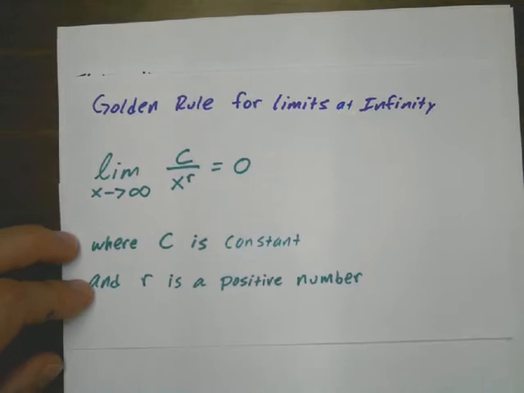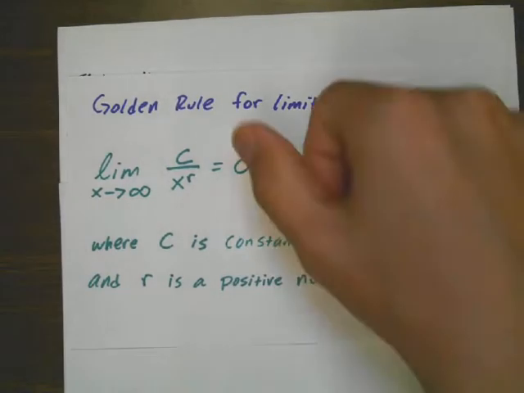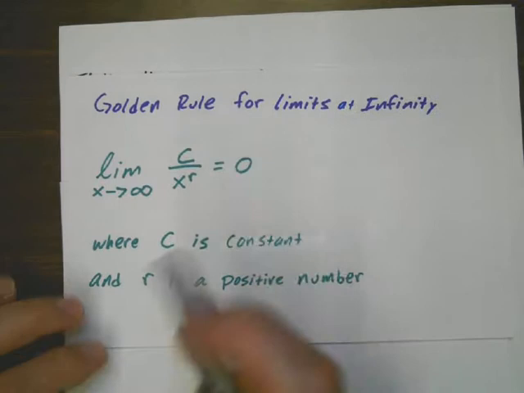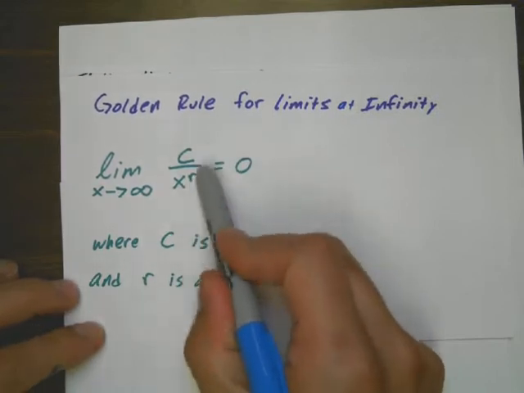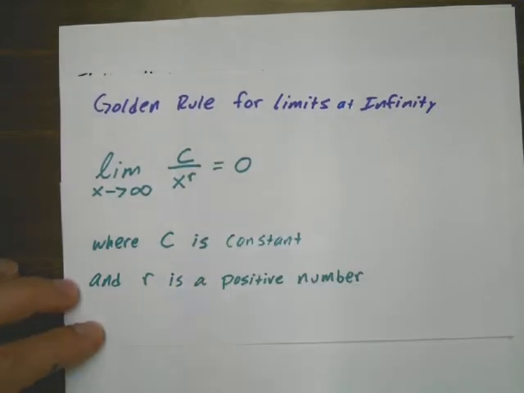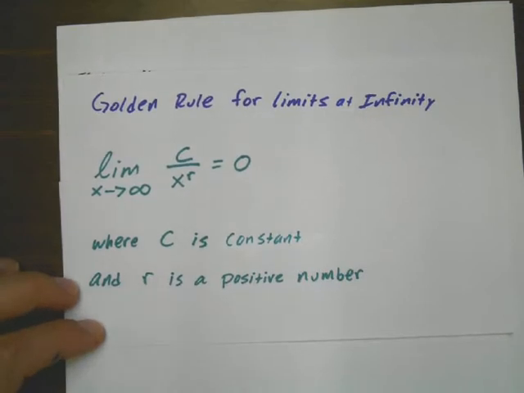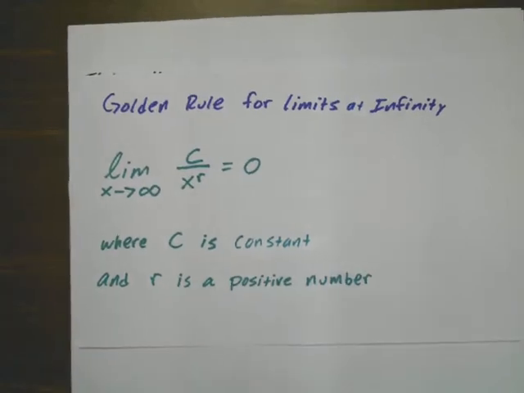It doesn't matter if you have a positive or negative constant. If the denominator is getting bigger and bigger, the fraction itself must be getting smaller and smaller. Therefore, the limit is equal to 0. I'll give you a moment to pause and copy this down into your notes.